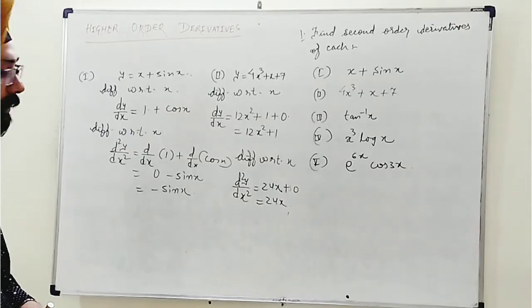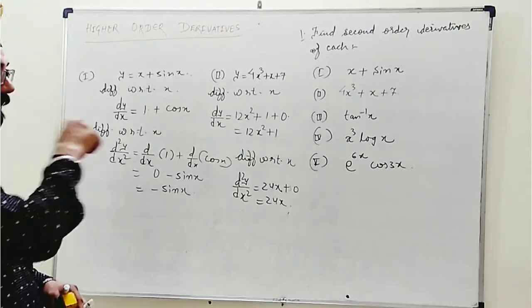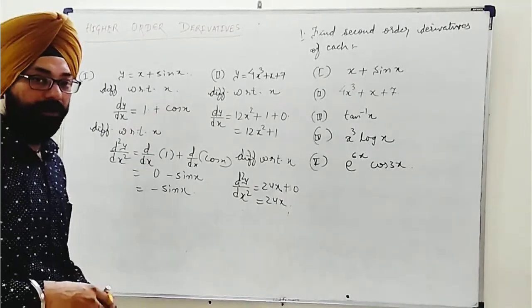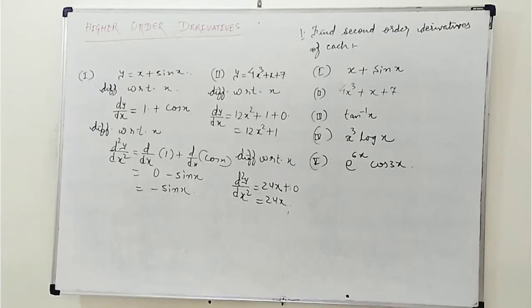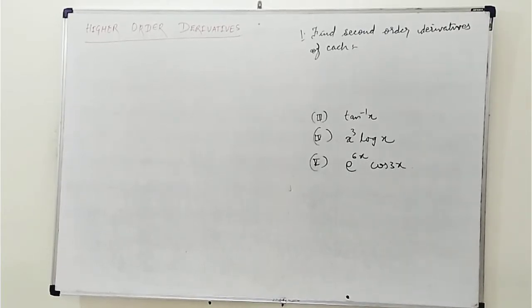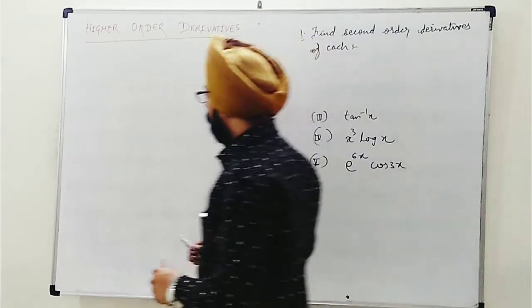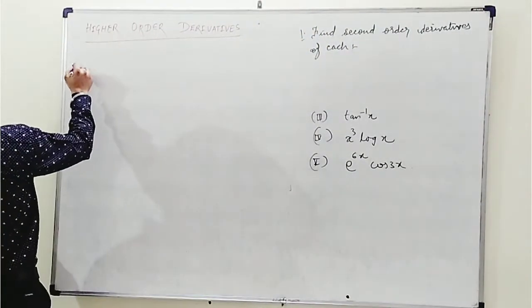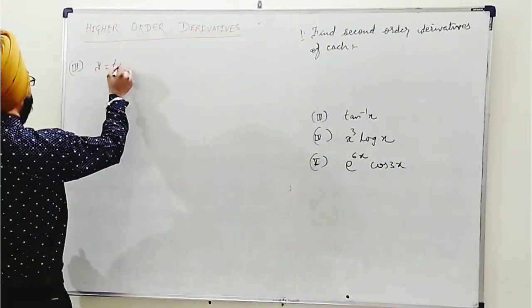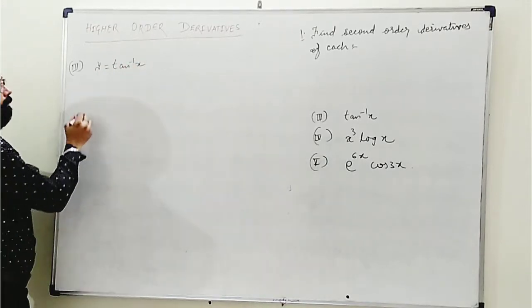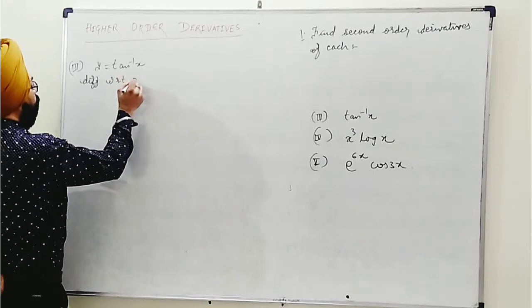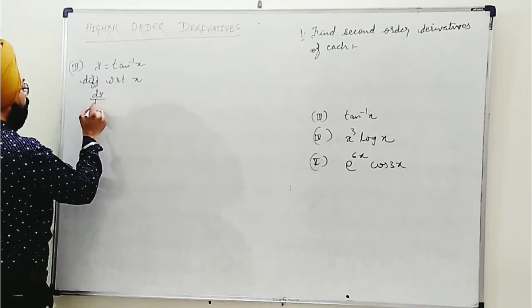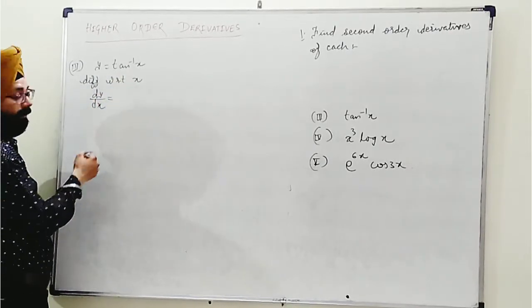We will move to the third question for sample, which is an inverse trigonometric function. Now for the third function, if I take this to be y, so by rules differentiating with respect to x, we will find dy by dx is tan inverse x is the basic function.